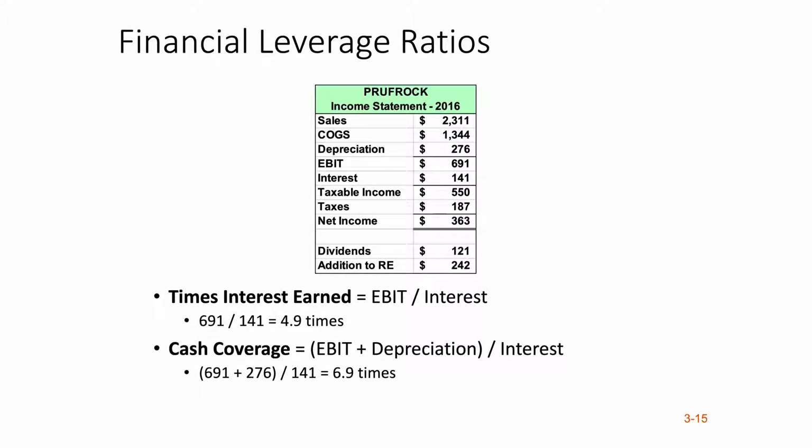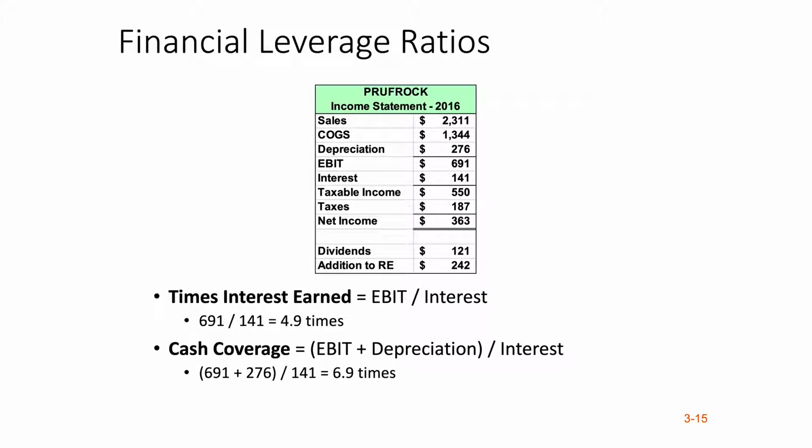Or the cash coverage ratio. They are using cash flows, the EBIT plus depreciation. Depreciation reduces your taxable liability, but it's not a cash item. You don't write off that. It's kind of a gimmick.